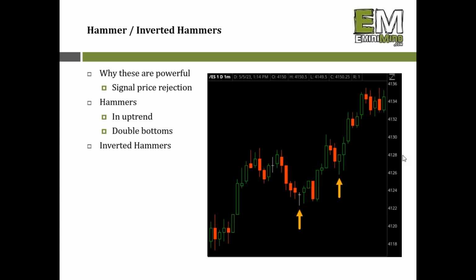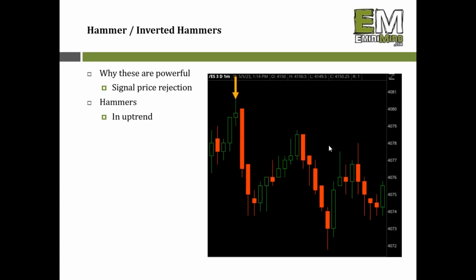Inverted hammers in downtrends are strong sell signals. You can find a hammer in a downtrend, and usually if we just get a small bounce, you're going to end up rolling over. If you get an inverted hammer, which is going to look like this, in an uptrend, then you may get a small pullback and then rally.